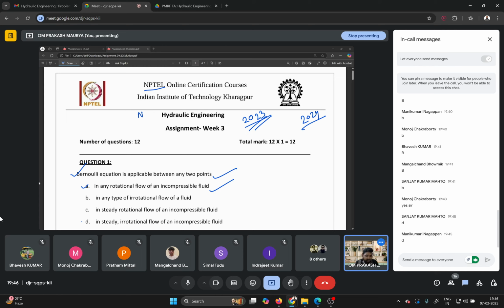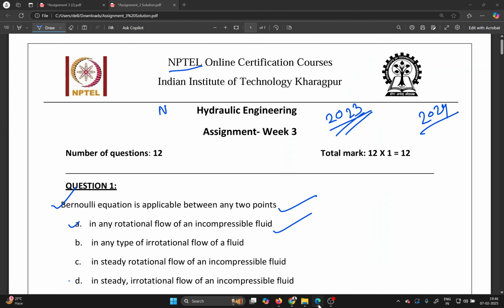Two students are telling option D. Other students, please also try to give your answer. Okay, I think everyone is telling D. So yes, option D will be correct.